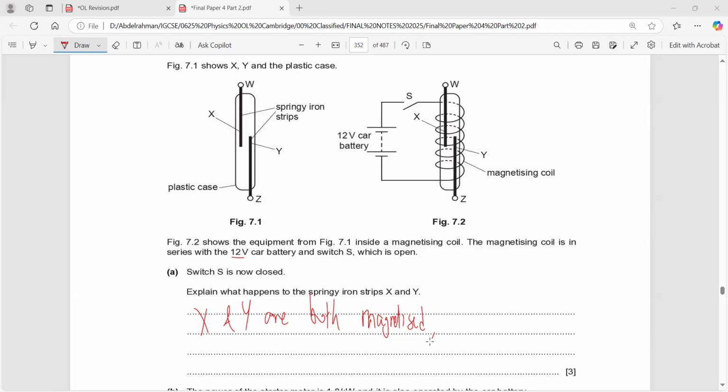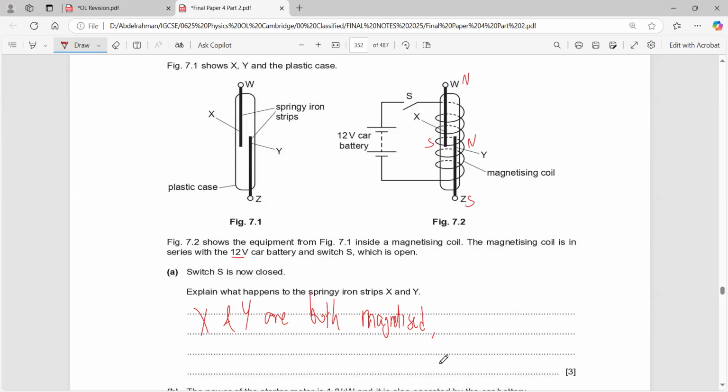Why do they have opposite ends? Basically, one part is the North Pole and the other part is the South Pole. For example, if W is the North Pole and this part is the South Pole, then this is a South Pole and this would be a North Pole. So these ends will touch. Why?